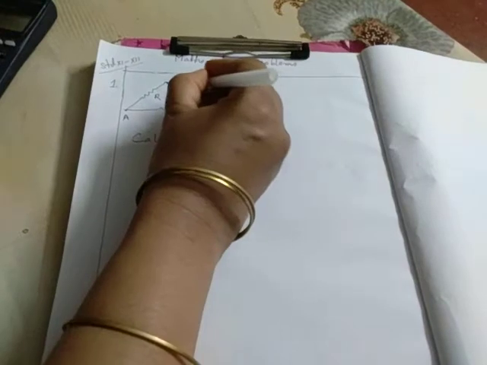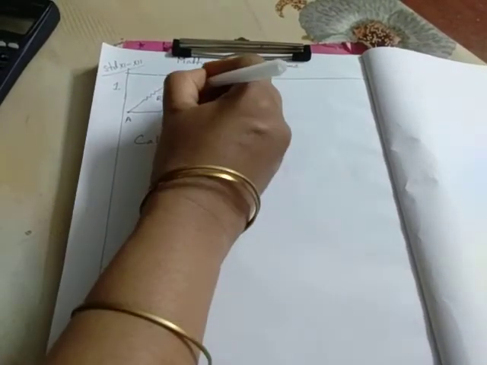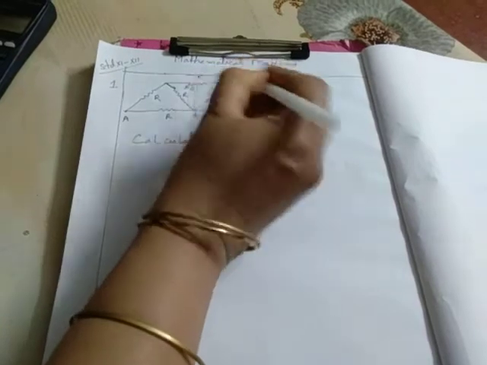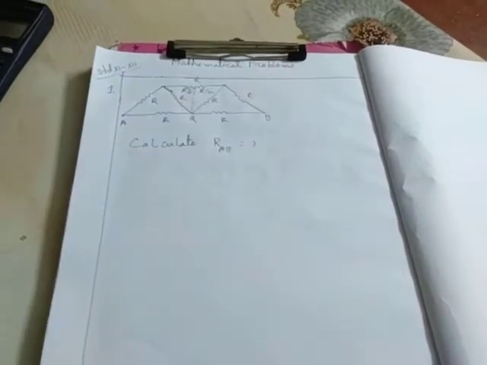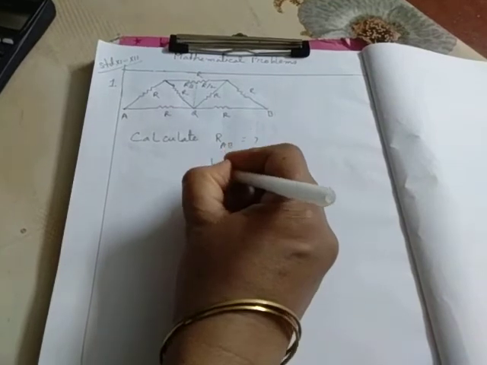So the resistance will be divided equally into two equal parts. That means in this portion R by 2 and that portion R by 2. So in that case the circuit will look like this.